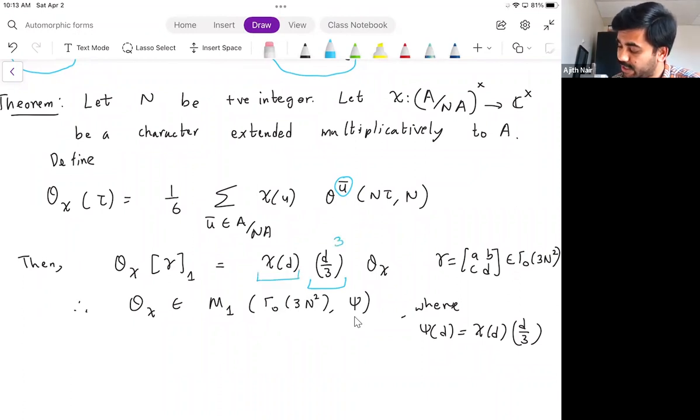And chi, remember that A mod NA is isomorphic to Z mod NZ squared. So this chi is a Dirichlet character mod n squared. So the product is going to be a Dirichlet character modulo 3n squared.